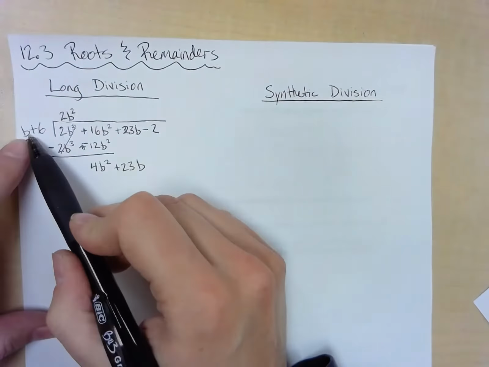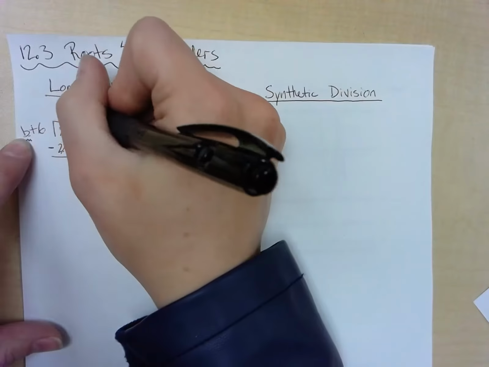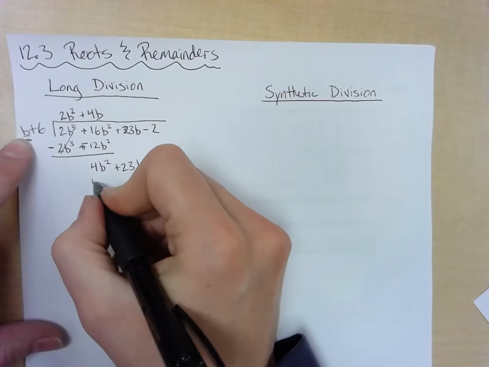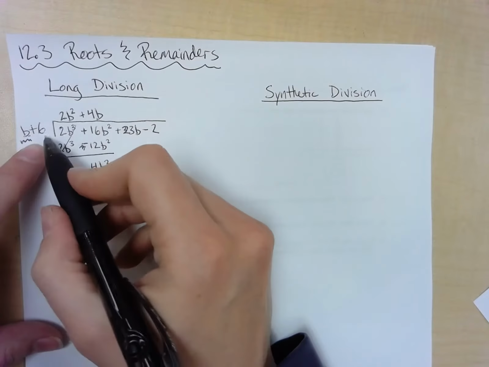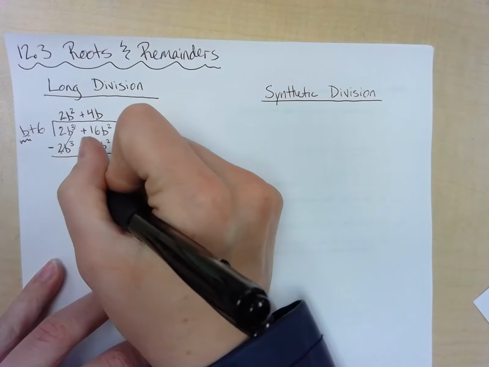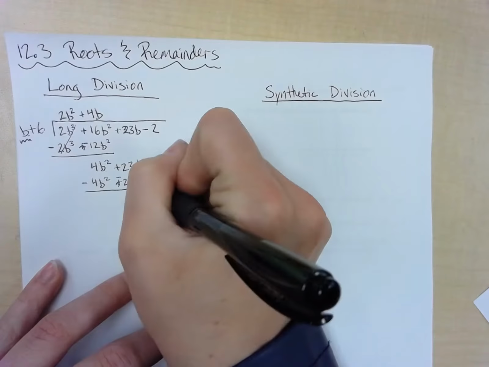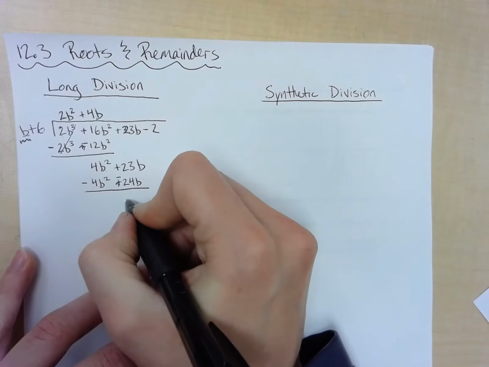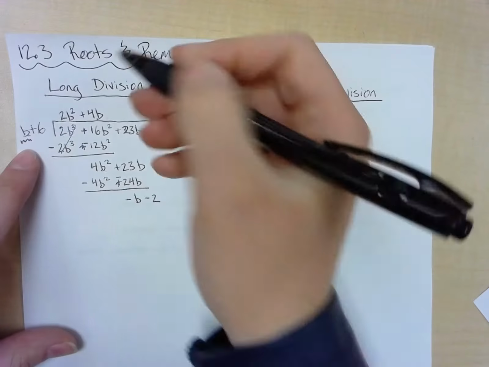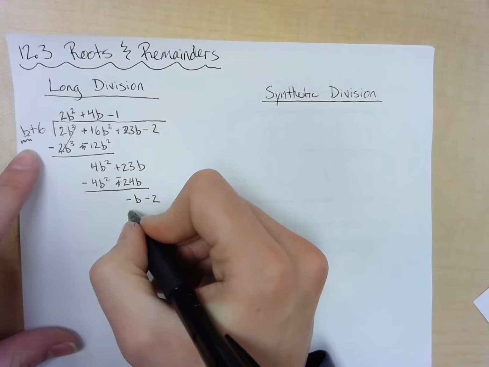Same process. What to multiply b by to get 4b squared? 4b. 4b times b is 4b squared. 4b times 6 is 24b. Now I'm going to subtract that, and I get negative b minus 2. b times negative 1 will get us negative b.